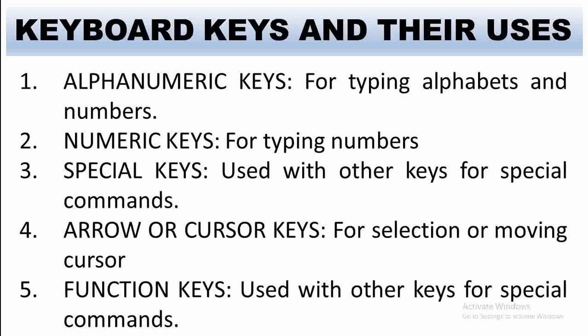All these keys, I've explained how to use each of them. We have the cursor or arrow keys, which we use to move the cursor around the screen or to select texts. We have function keys, and I've explained each of these keys.